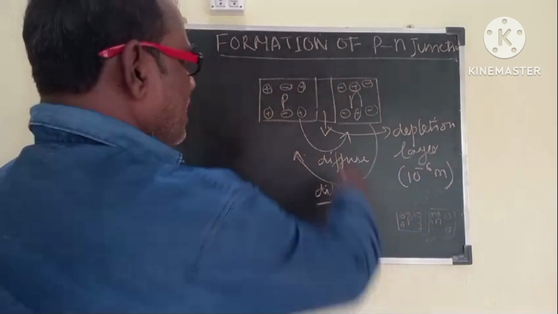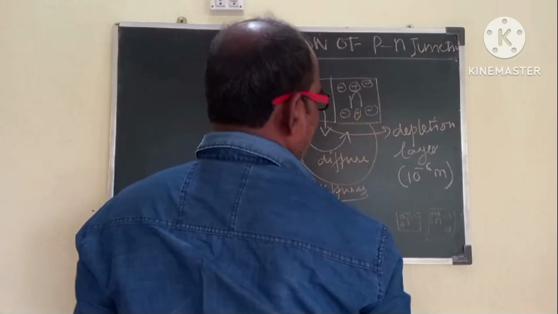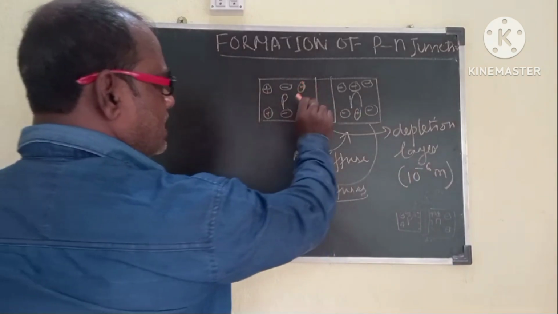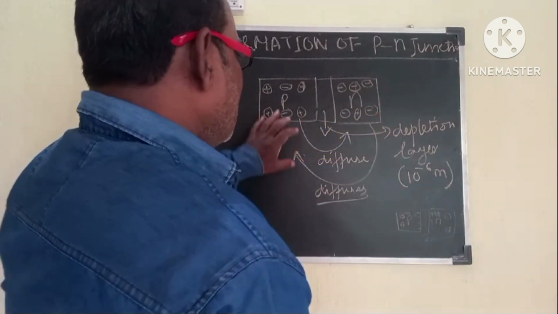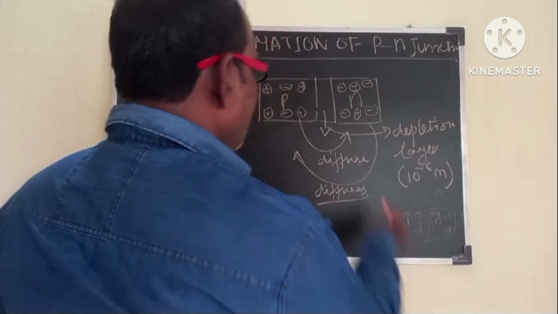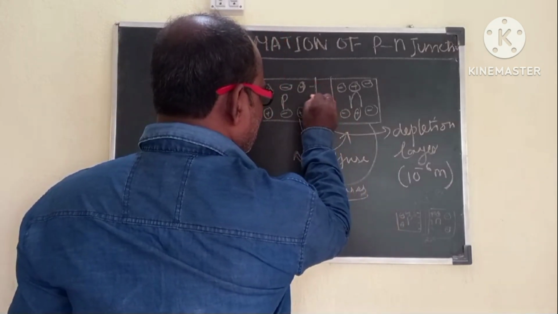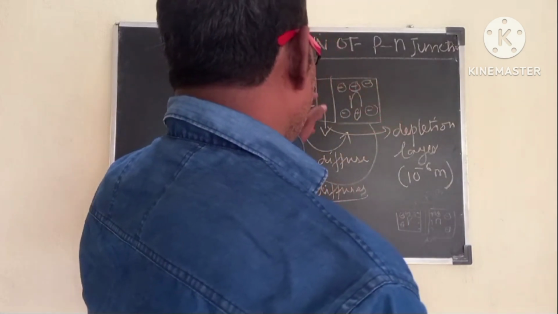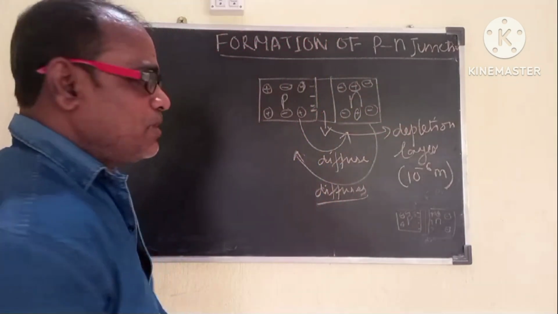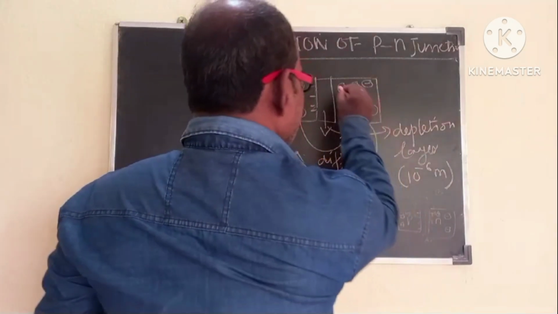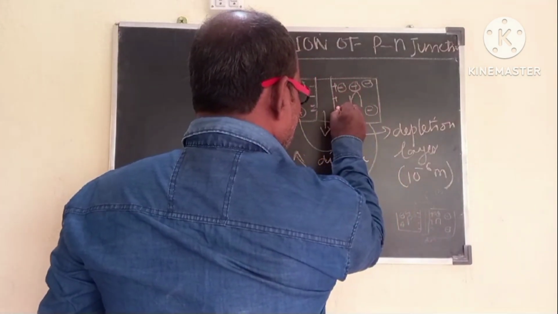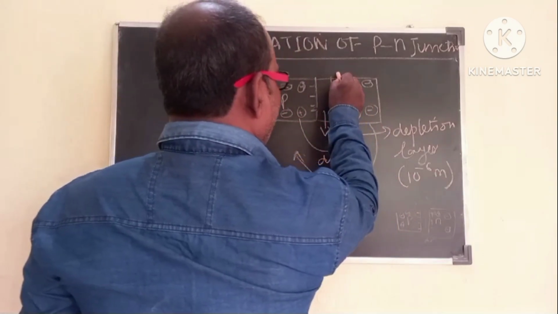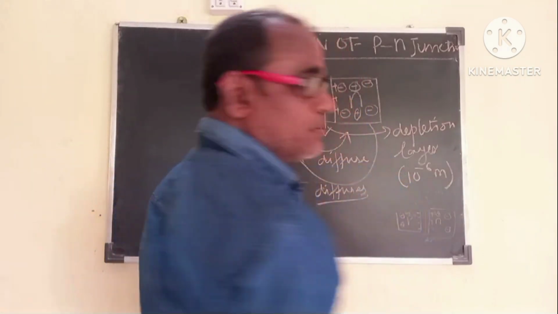When the holes diffuse towards the N section and the electrons diffuse towards the P section, the P side near the junction becomes slightly negatively charged, and the N side near the junction gets a positive charge, forming a kind of battery.